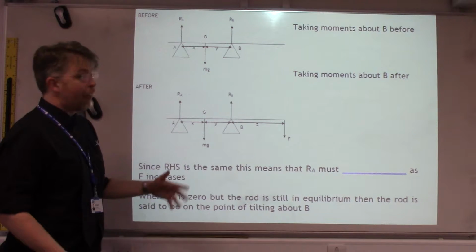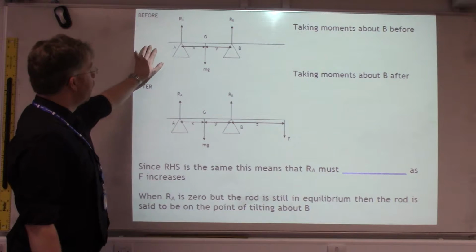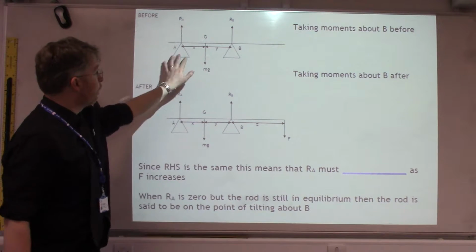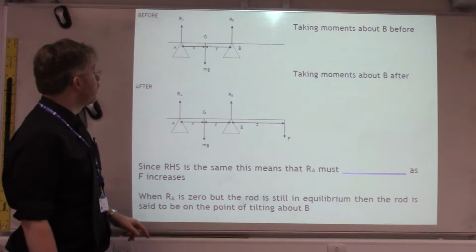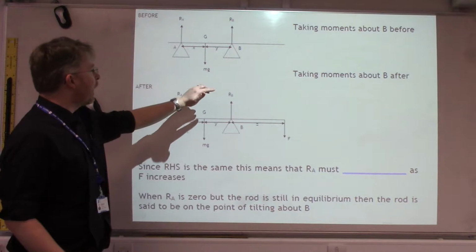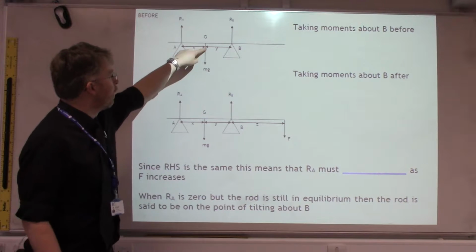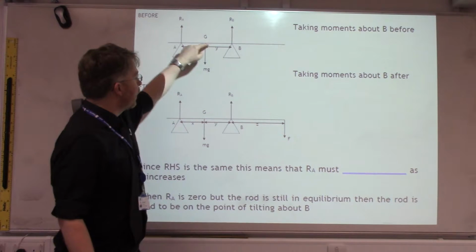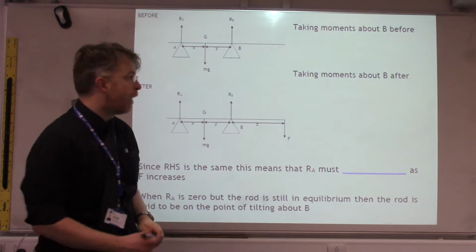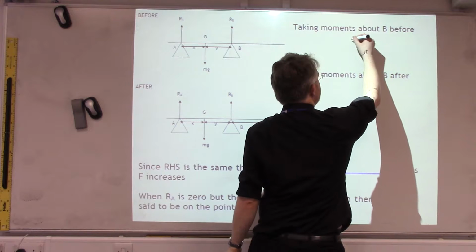Right, so the idea here is an issue of tilting. We've got a before scenario where we've got, say, a bridge supported in two places and it's balanced. If we take a moment about B, the only anti-clockwise moment will be created by mg. It's y away, so it's mgy.